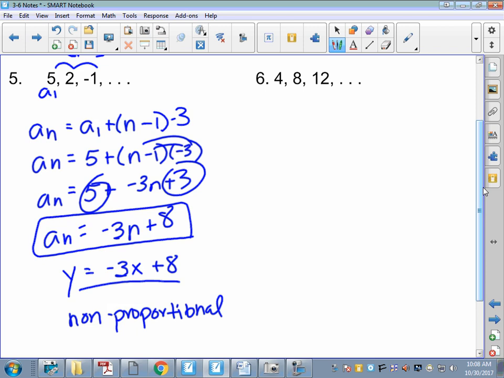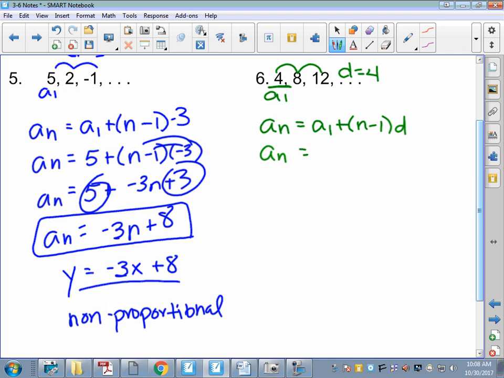For the next problem, I'm going to go ahead and look for my d value. Numbers are increasing by a constant rate of 4. So my d value is 4. Also, my a sub 1 is 4. a sub n is equal to a sub 1 plus n minus 1 times d. So my nth term is equal to my first term 4 plus n minus 1 times 4.